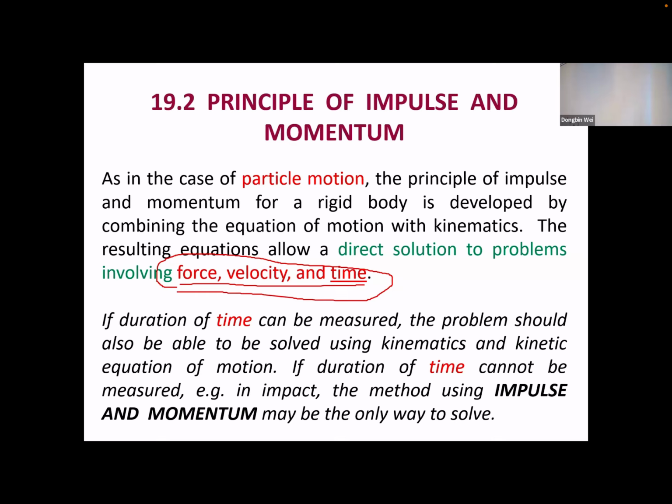For that kind of problem, you won't be able to use the kinetic equation of motion plus kinematics to solve it. Impulse and momentum should be the only solution. And we will talk about this in the second part.